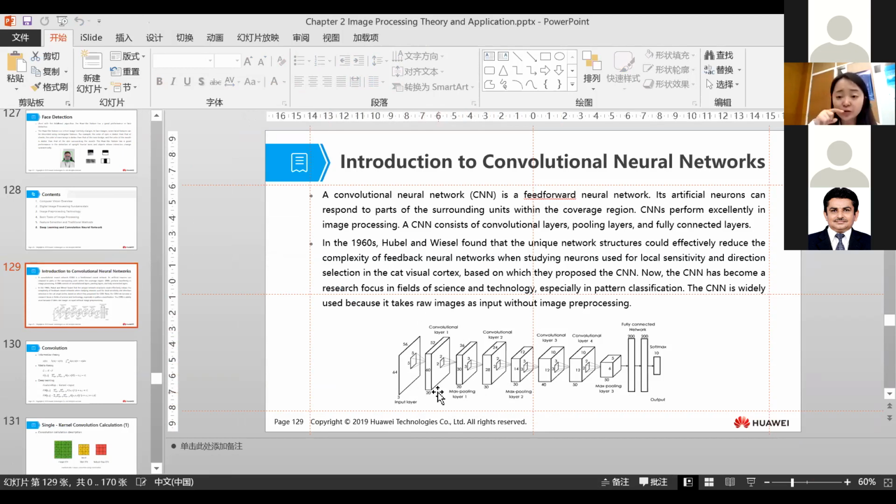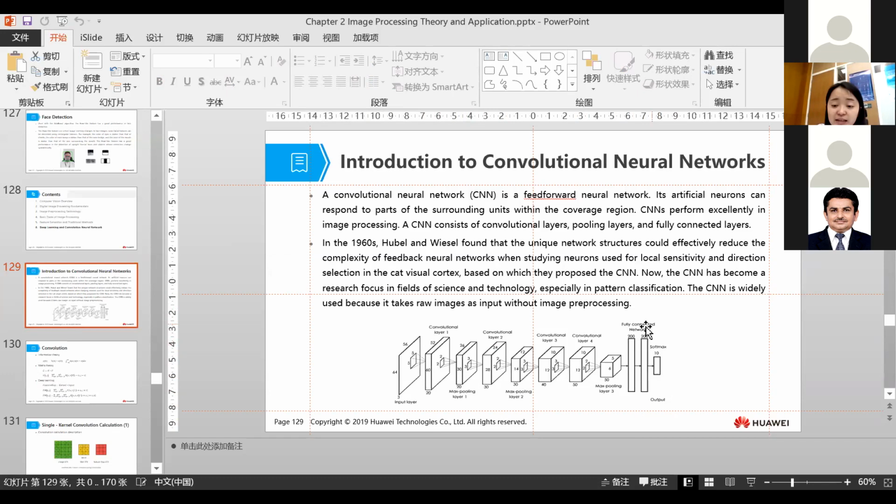For convolutional neural networks, usually they contain 3 types of layers. First is the convolutional layer, the second is the pooling layer, and the third one is the fully connected layer. For example, for this convolutional neural network, the output layer contains 10 neurons and we use the softmax activation function.